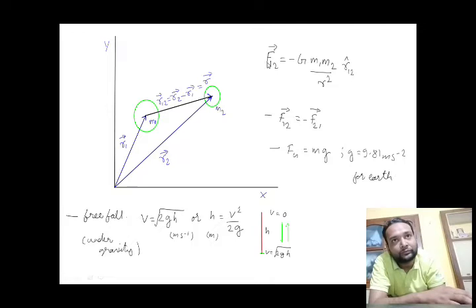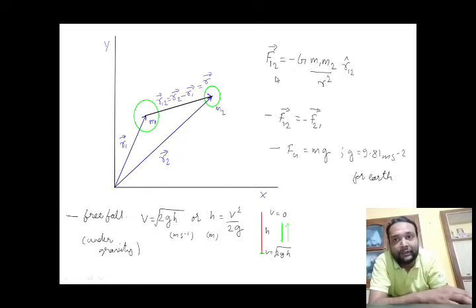Now this force F12 is minus of G m1 m2 by r square, and the direction is minus of r12. So r12 is from m1 to m2 and F12 is acting from m2 to m1, because it is an attractive force. So F12 means m1 is attracting m2 with a force G m1 into m2 by r square.